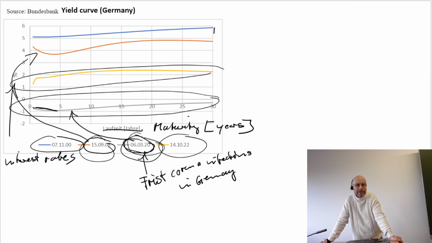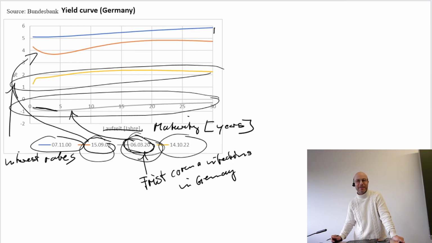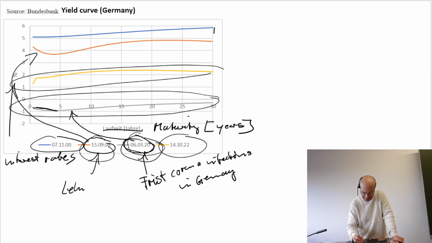Anybody know this date? Pardon? 2008. Yeah. Yes, this is the day before the bankruptcy of Lehman Brothers. The next day, on the 16th, the sixth largest investment bank of the world crashed. So this is the Lehman Brothers bankruptcy.